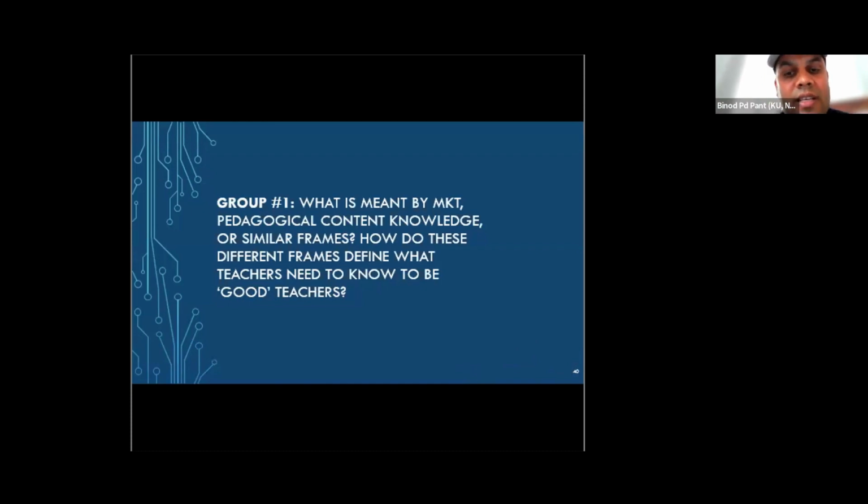And the third one is, at the same time, we also got opportunity to share. So there could be several other frameworks as well. So similar frames, for example, in these days, we can also talk technological pedagogical knowledge. That is what people call TPACK. So I do not mean that technology means very hi-fi technology.